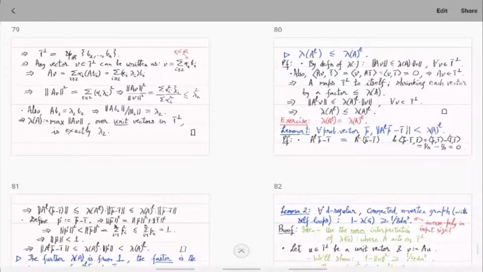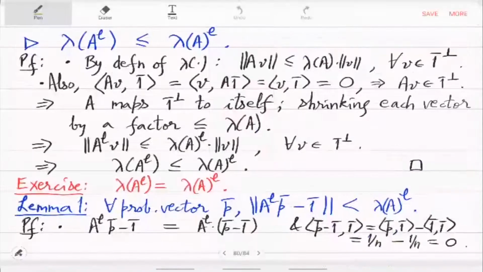So we have made the graph D regular with D equal to 3, and we showed, what did we show till now? We had two lemmas. Lemma 1: A to the L times the initial vector, the difference of this from the uniform probability vector, is exponentially dependent on the second largest eigenvalue.